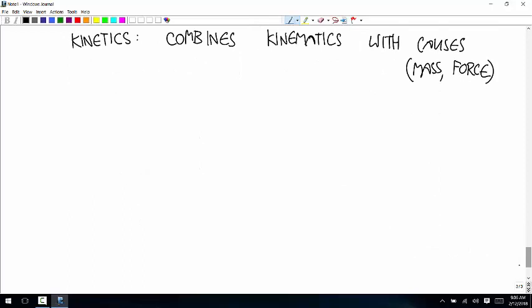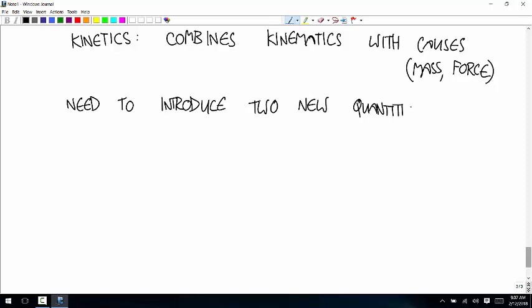Okay, so we need to introduce two new quantities. And those are mass and force. I'll start with mass. That's sort of the simpler one.